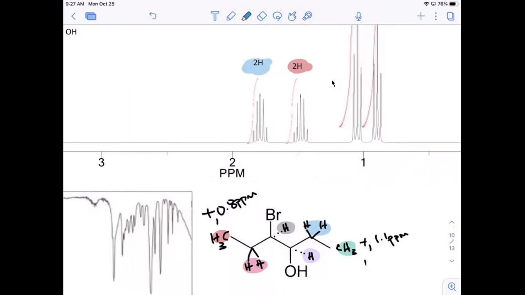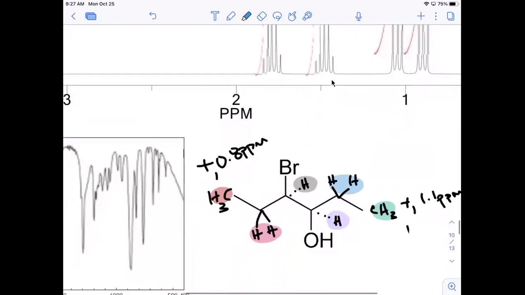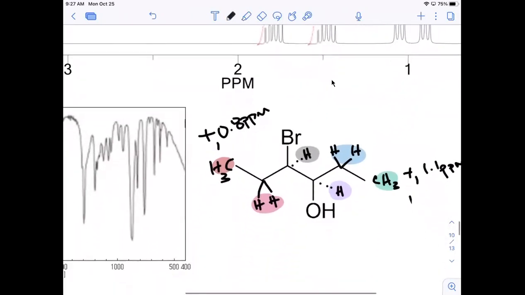So what's the splitting pattern for each? Five. All right, so each one of those should be a pentet, right? This one has 4 neighbors, and so does this one. Got 3 on the CH3 to the left for the pink ones, and 1 to the right.